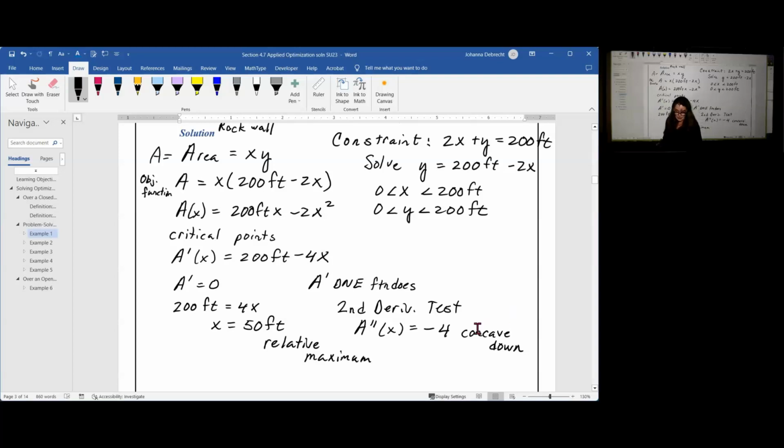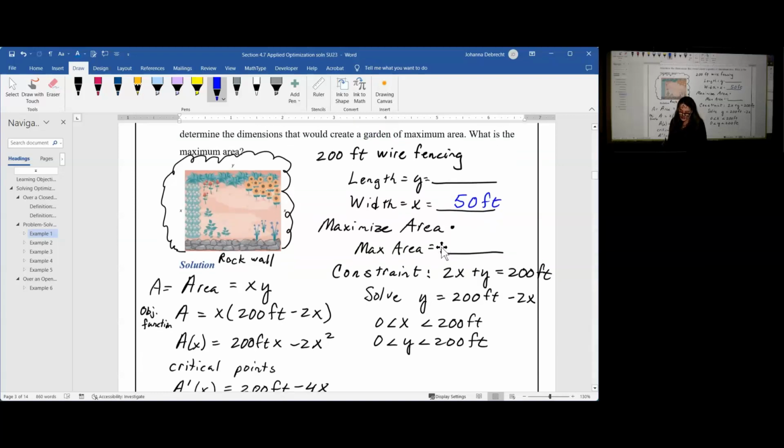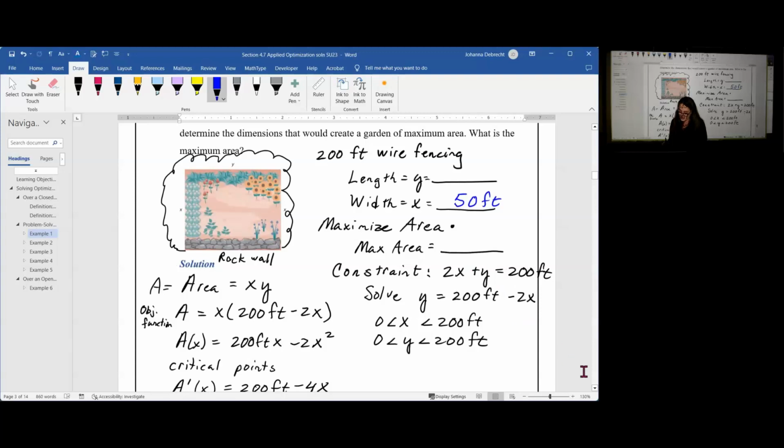Now, I'm not done until I've answered all the questions. So far, I've identified that the width is 50 feet. Now it's time to find the length. Go back to the constraint equation that you had originally and solve again for y, and then substitute 50 feet for x. You can do this one in your head and you'll come up with 100 feet.